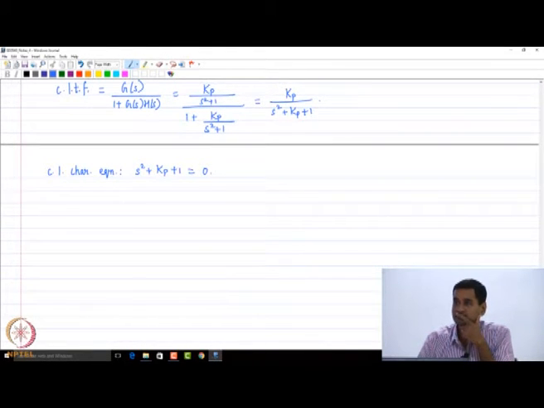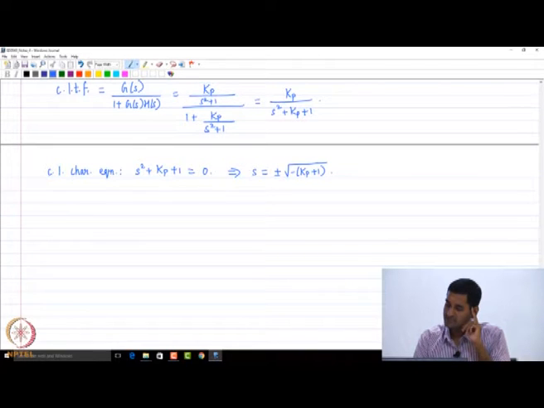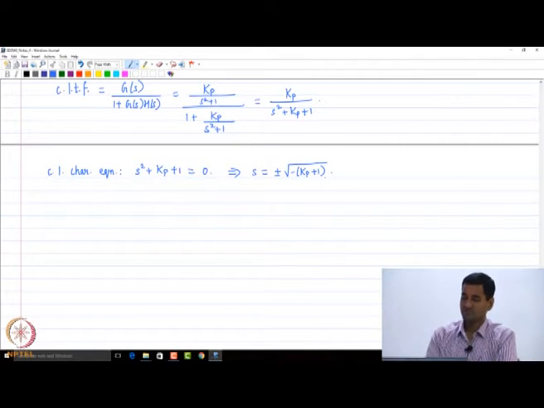Where are the two roots? In this case, I can write it in a very simple way. I can say this is going to be square root of minus Kp plus 1, am I correct? So if Kp plus 1 is negative, we see that we can have two cases.